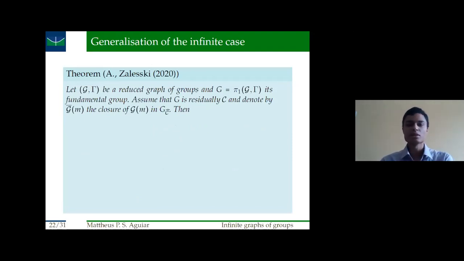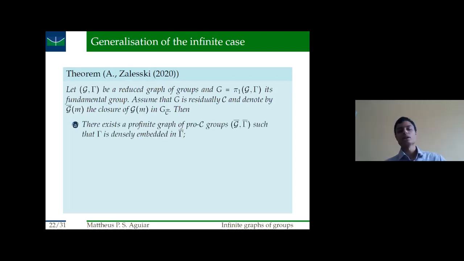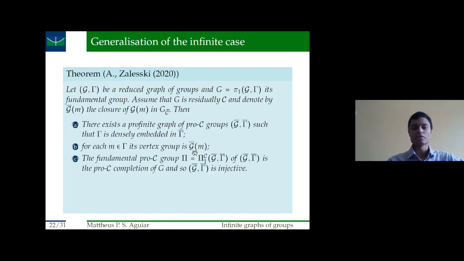So actually, we can generalize this to the Pro-C case and to the case where the groups are not necessarily finite. In this case, there still exists a graph of groups such that gamma is densely embedded in gamma bar. For each M, its vertex group is the profinite completion of G_M.